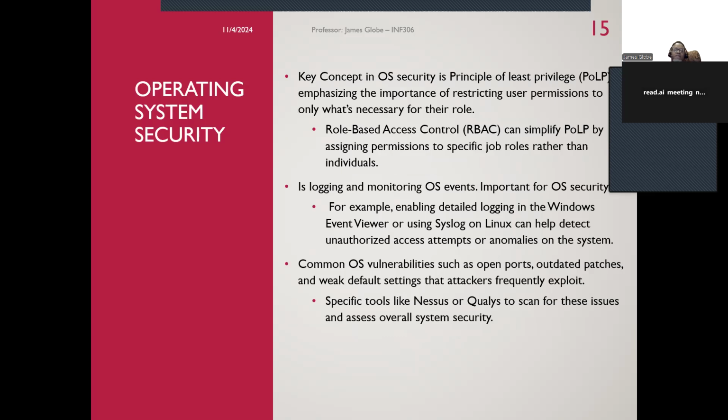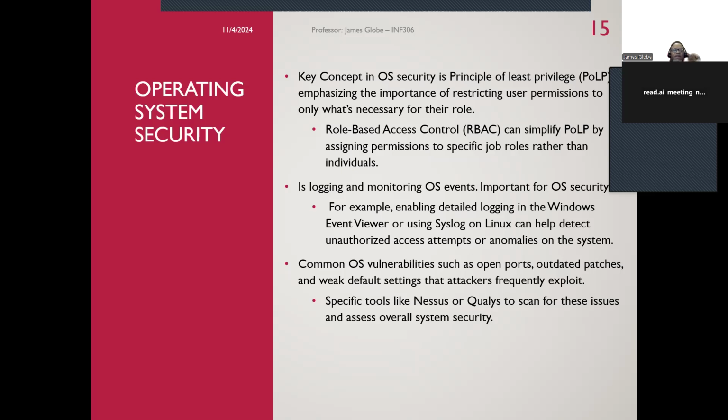Also, role-based access control can help simplify the principle of least privilege by assigning permissions to specific job functions rather than individuals. So, engineer, accountant, contracts, marketing, HR, these are all common specific roles, and you can assign permissions to the role and then assign individuals to the role or the group.